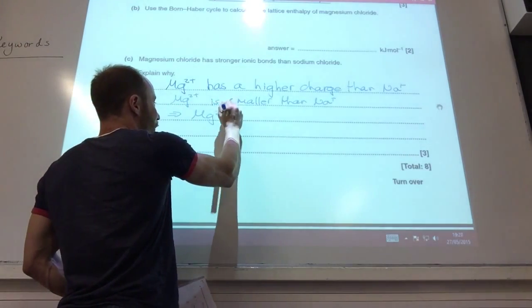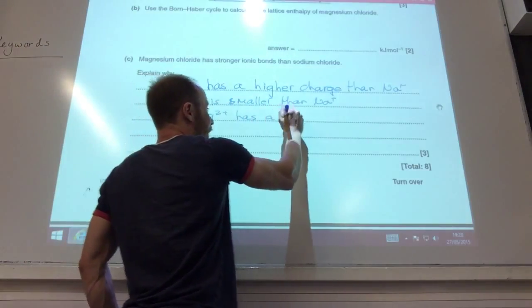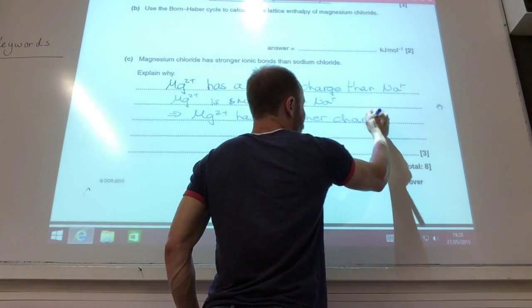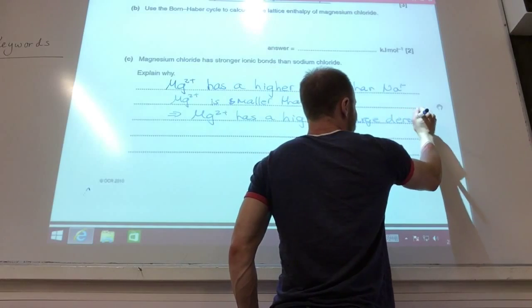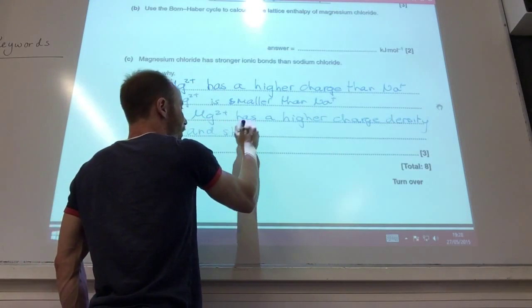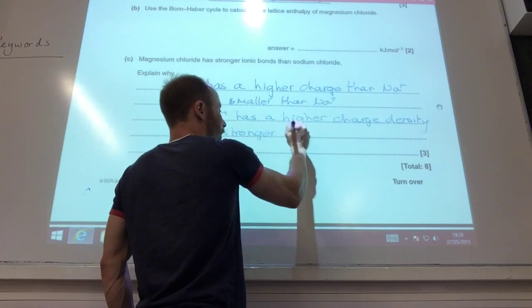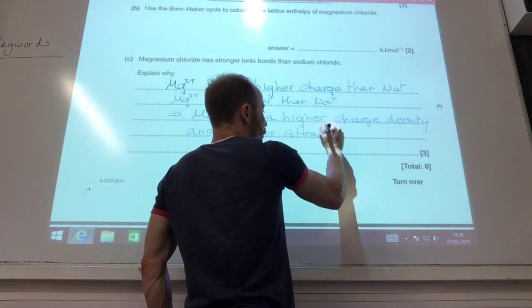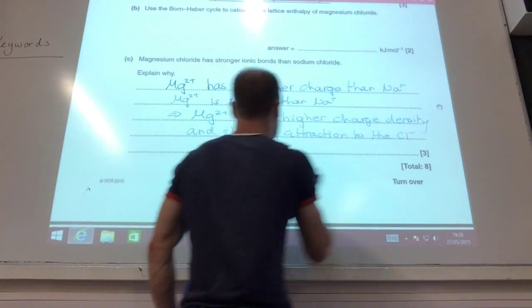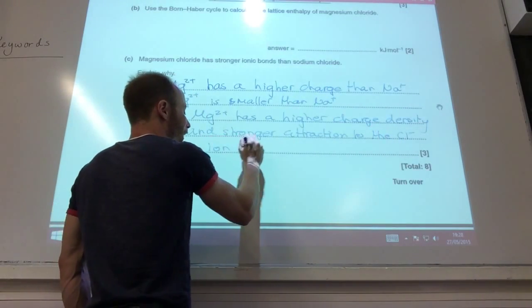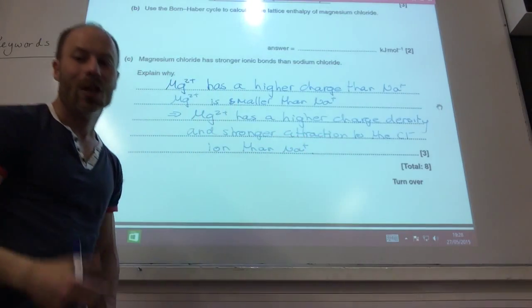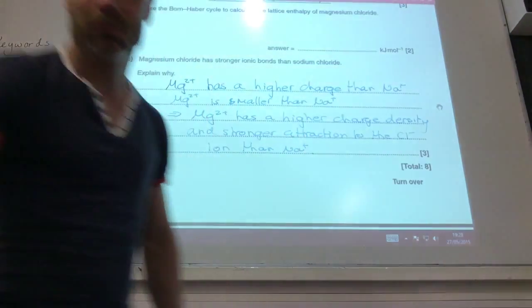Therefore, Mg2 plus has a higher charge density and stronger attraction to the Cl minus ion than Na plus. So you need your comparison there.